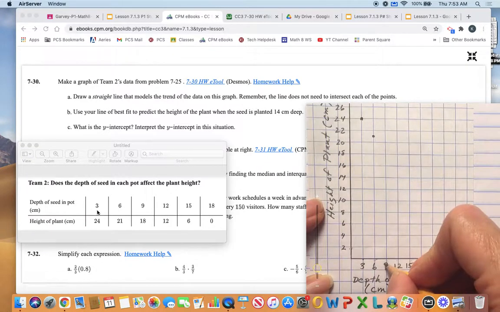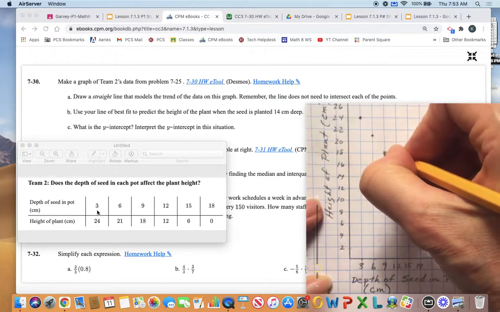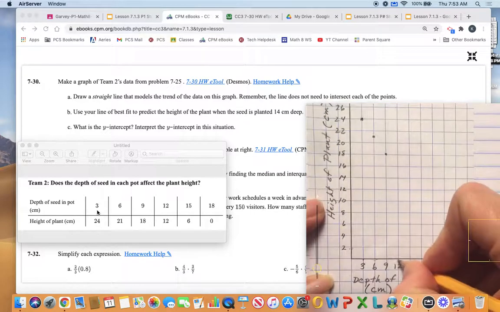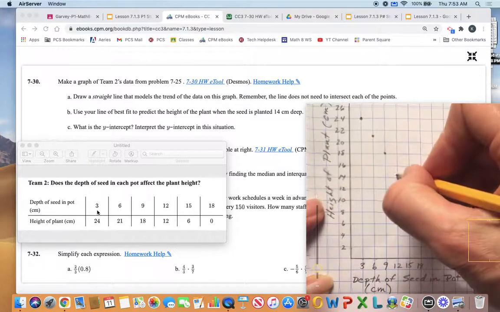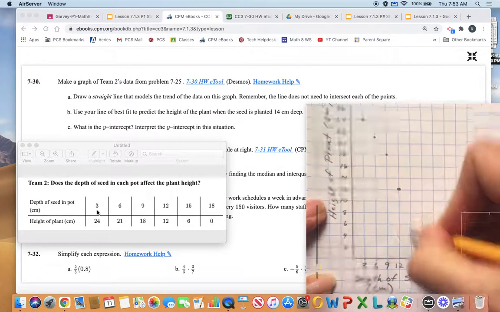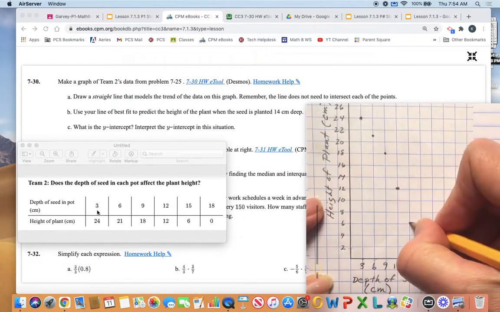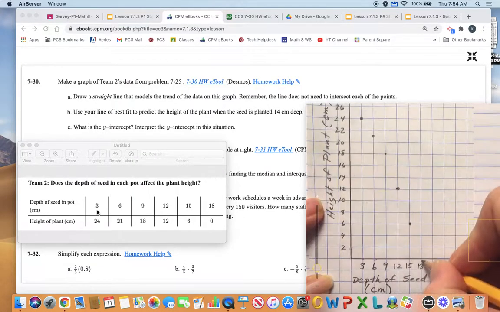Then if the seed is at 9 centimeters, it'll be 18 on the y-axis. And if the seed is at 12, it will grow to a height of 12. If we plant it at a depth of 15, it will grow to a height of 6. And if we plant it at 18 centimeters deep, it's going to not grow at all.